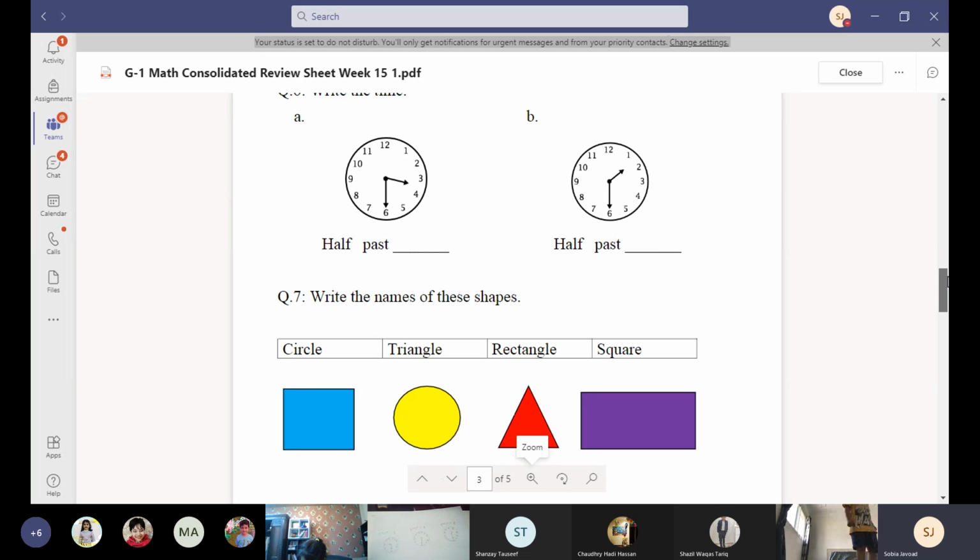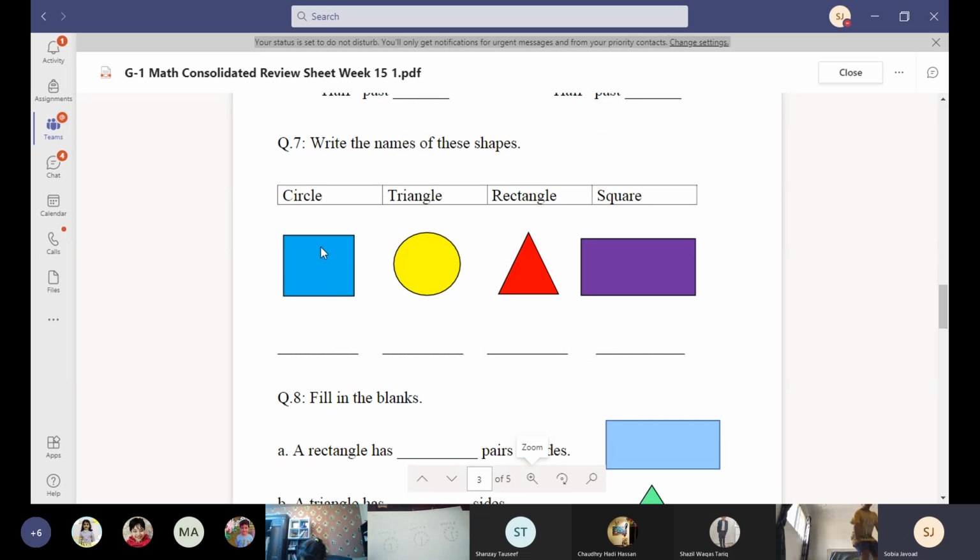All right. What is the name of this shape? Square. Okay. Manal, tell the name of these shapes. Circle. Okay. What about this, Manal?